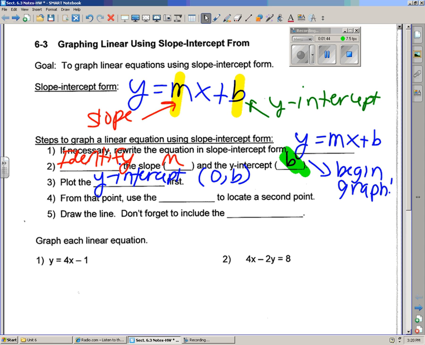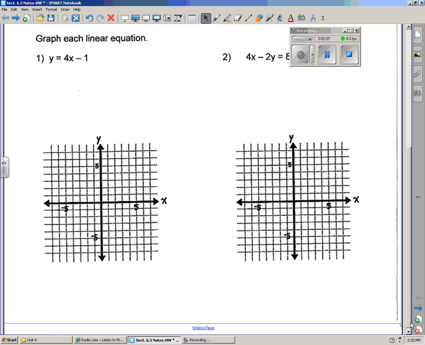Once you plot b, from that point you're going to use the slope, which is your rise over your run, to locate the second point. You could keep doing this over and over again, but you only need 2 points to draw a line. When you draw your line, it's very important that you include the arrows because lines go on forever.